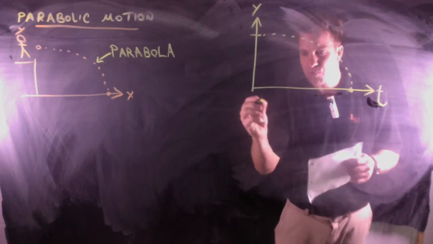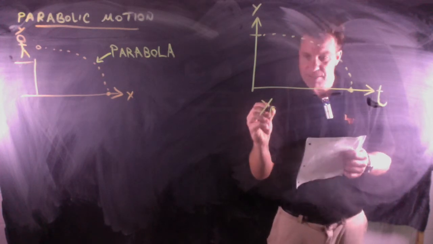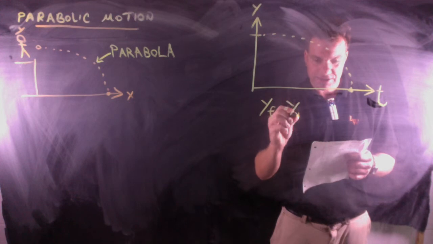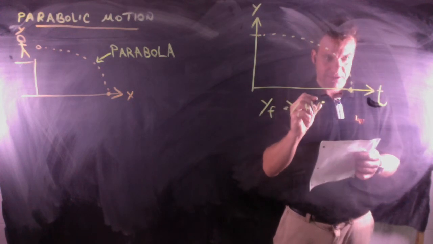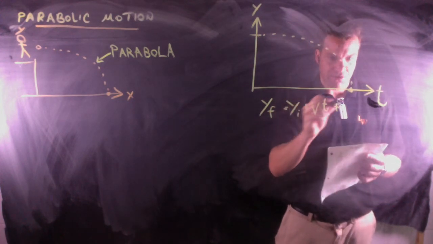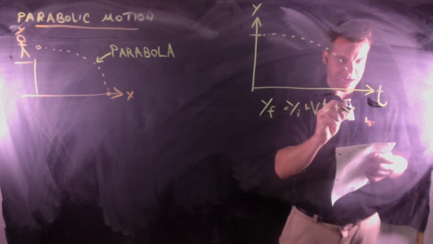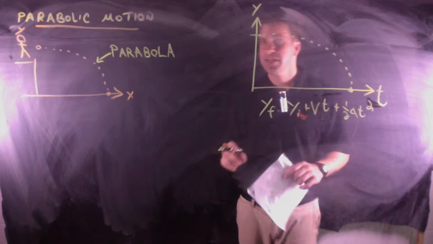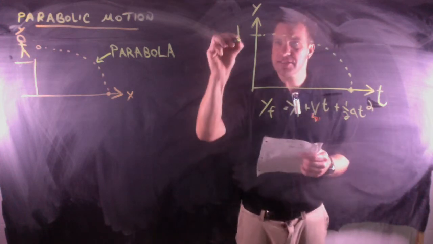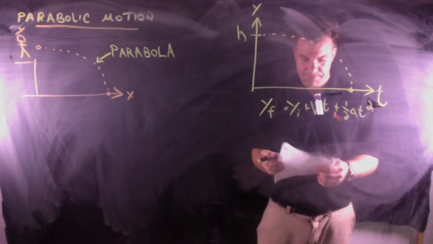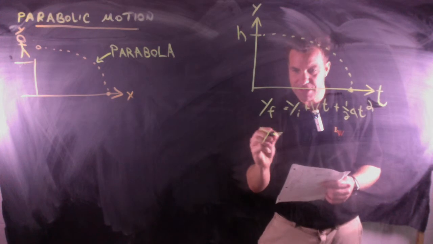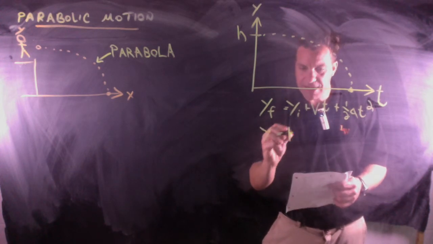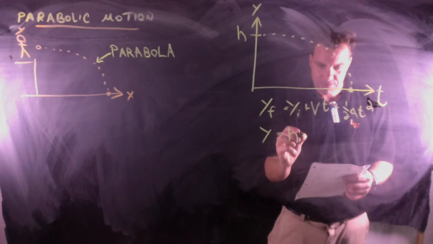So here we go, we're going to write it out: y final equals y initial plus v t plus 1/2 a t squared. And we said let's let h be the height that it starts at, y initial.